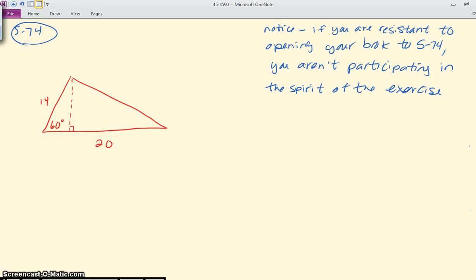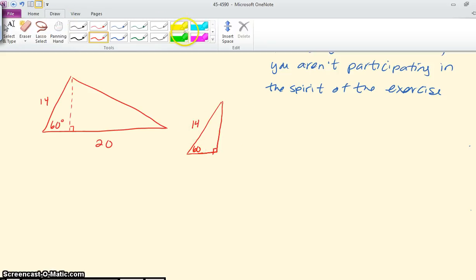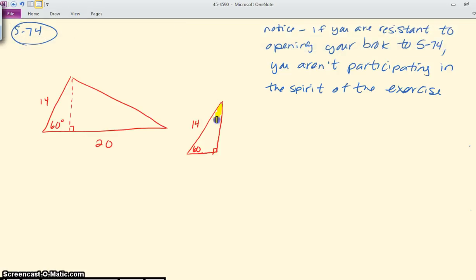So this is one way that information can be delivered to you. In the larger triangle, we have two side lengths and an angle. In the smaller triangle, we have two angles and a side length. This triangle represents this piece right here, and this triangle is a right triangle.